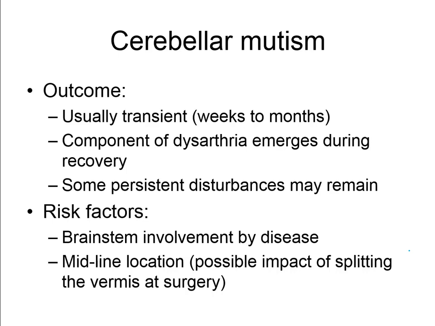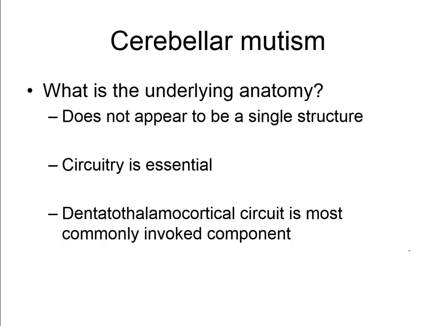Persistence may continue. It is typically associated, with a higher risk seen in kids whose tumor involves the brainstem, midline location. It's not got a single anatomic site. Usually not. It's just about language. So it's not a physical single site.